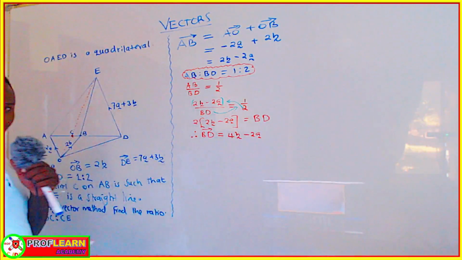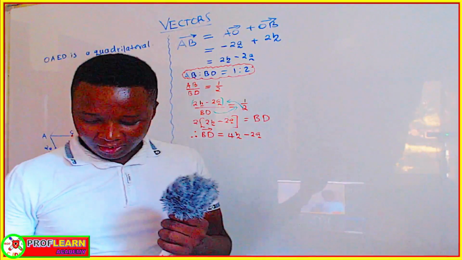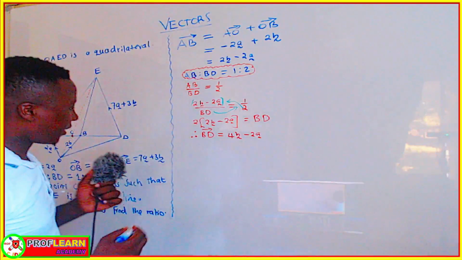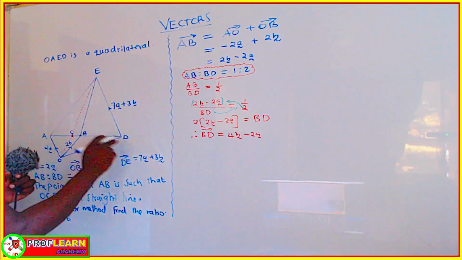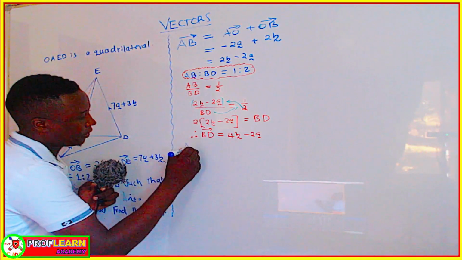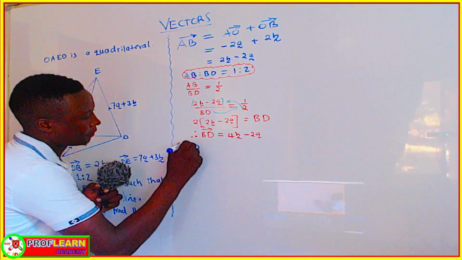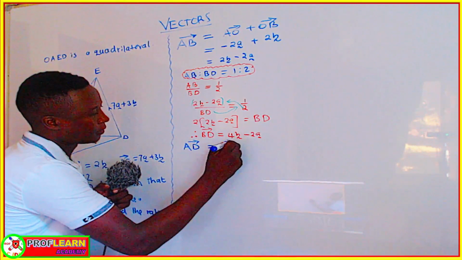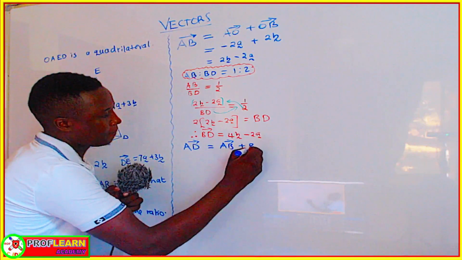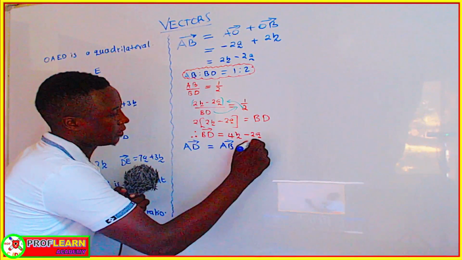We know that. We have this, and then we're going to go further and find what AD is. AD is going to be AB plus BD.